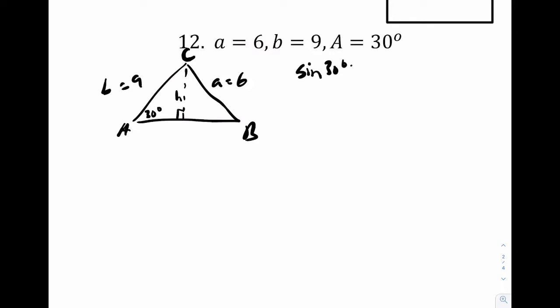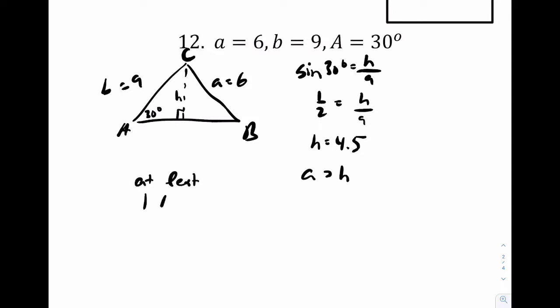Sine 30 is H over 9, so 1/2 is equal to H over 9. H is 4.5. So clearly I can write A is bigger than H. So A is greater, therefore we know there is at least one triangle at this point.